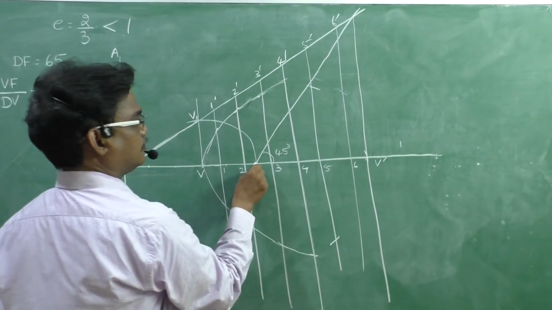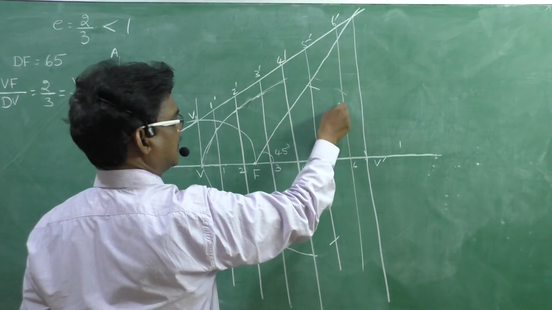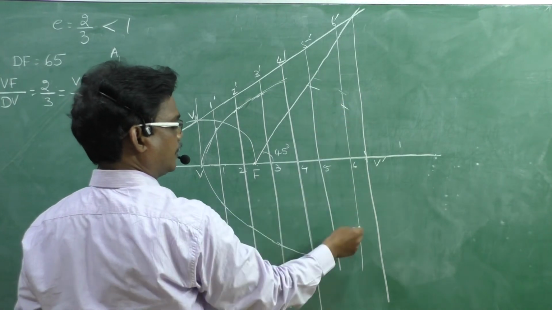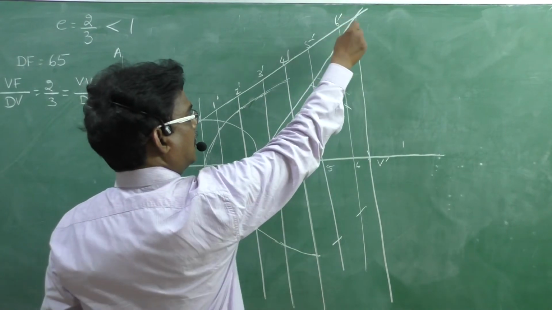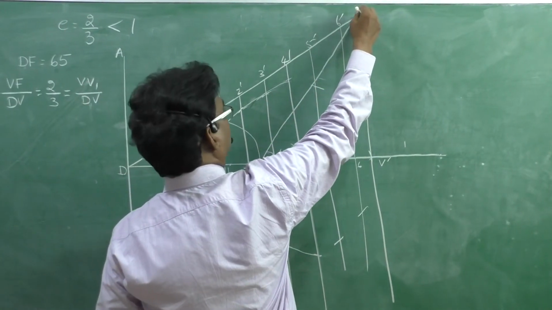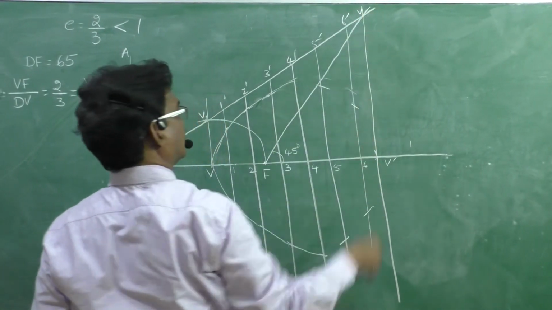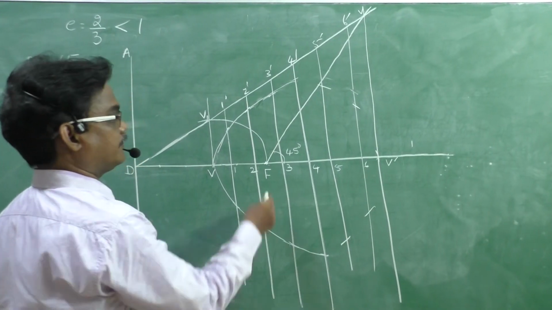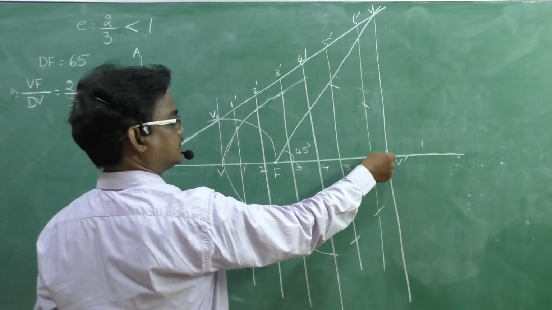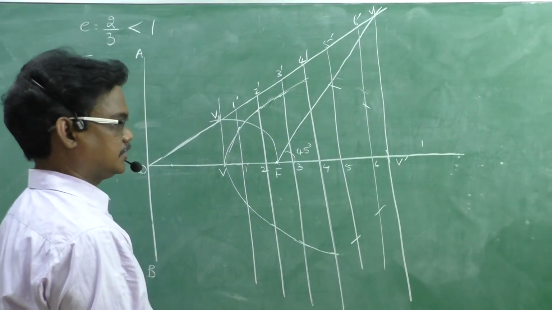Next, 6 dash as radius. If you draw, it gives here. And V dash and V1 dash as radius, F as center, if you draw an arc, it will give here.